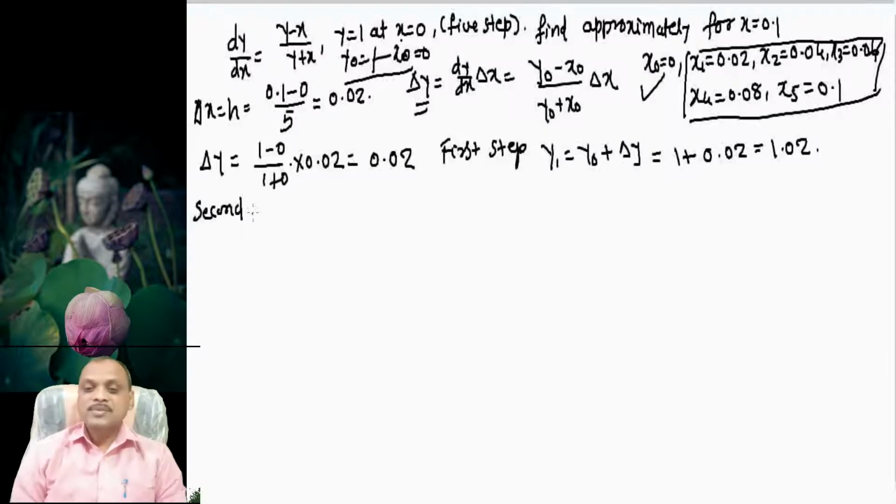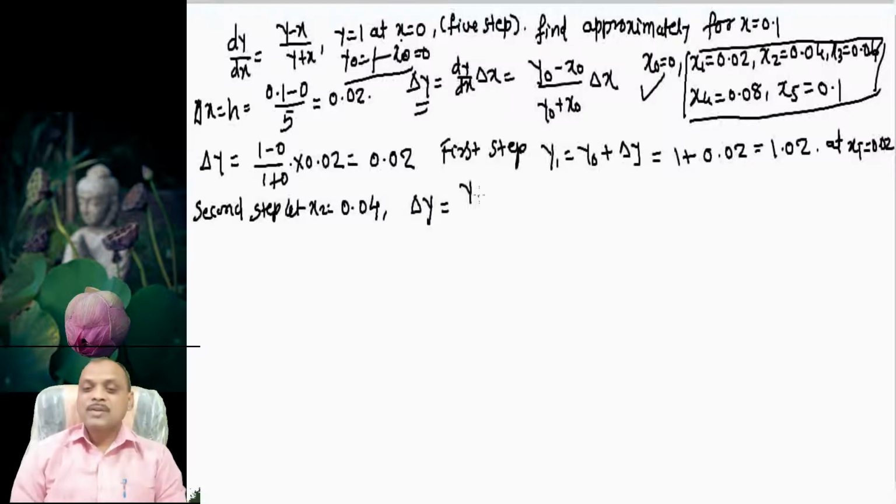Now for the second step, we have considered x1 at 0.02. Second step is at x2 equal to 0.04. Now we need once again delta y.